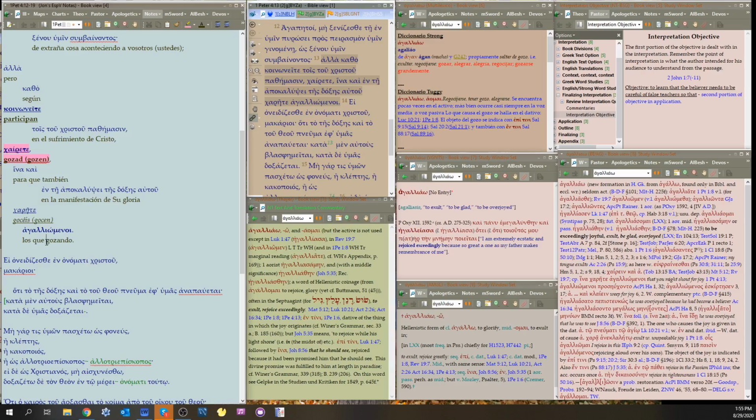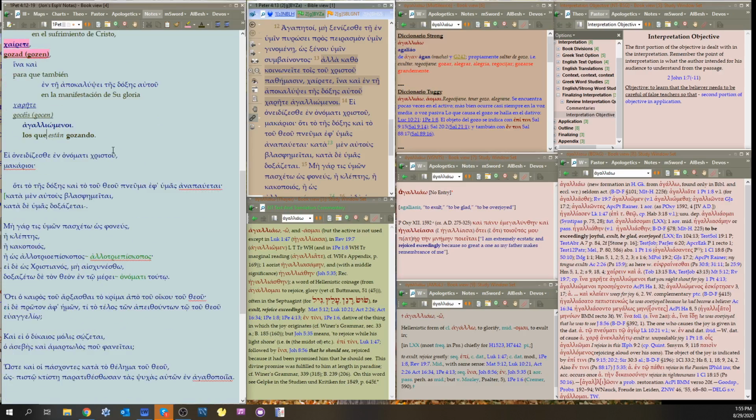And I put this in here because it's underlined, because it's not part of the word, it is implied. Los que, or quienes, those that are rejoicing. You might rejoice in the manifestation of his glory.